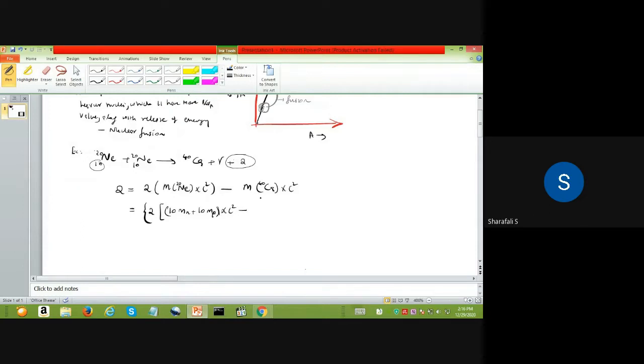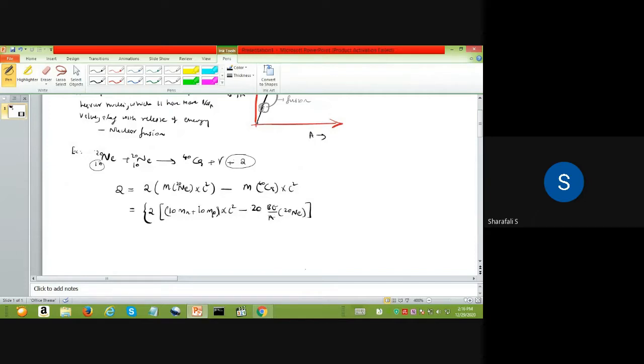From this, the binding energy has to be subtracted. In this particular case the mass number is 20, so 20 times the binding energy per nucleon of neon-20.